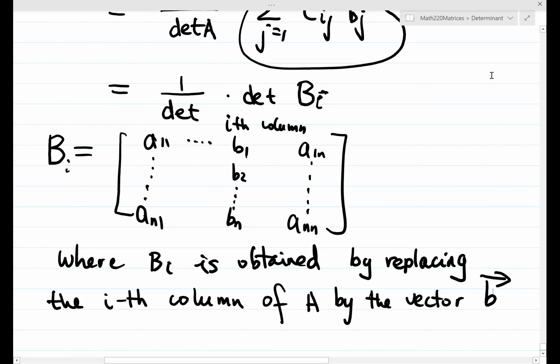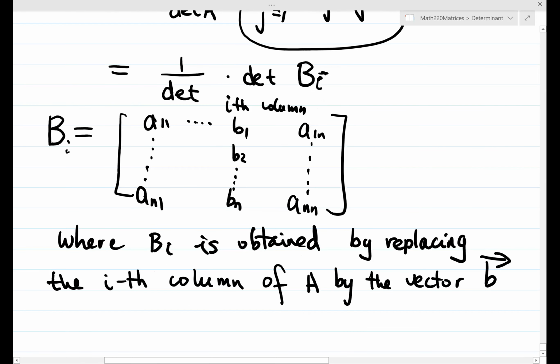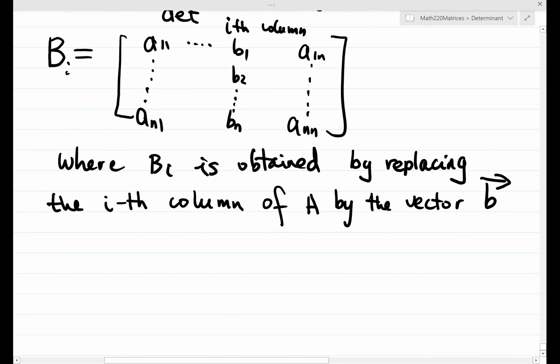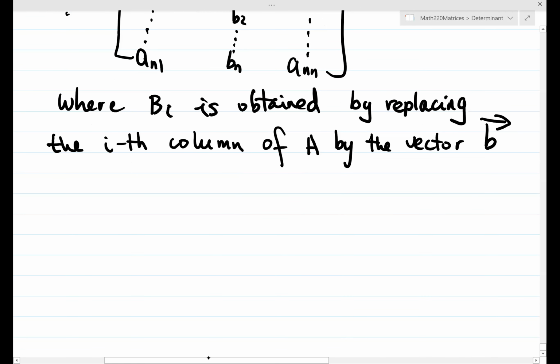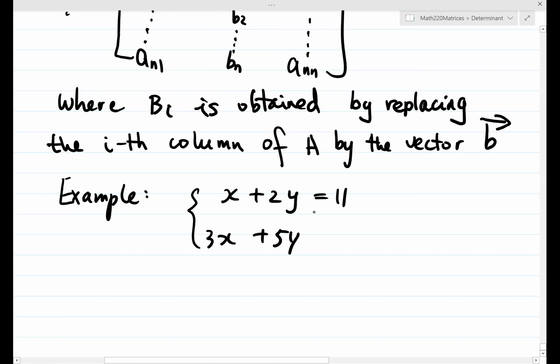Now let's see one example of how we apply Cramer's rule to solve a linear system. The system is x plus 2y is 11, and 3x plus 5y is 29.